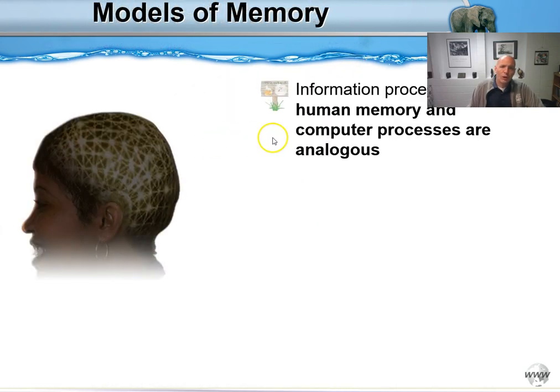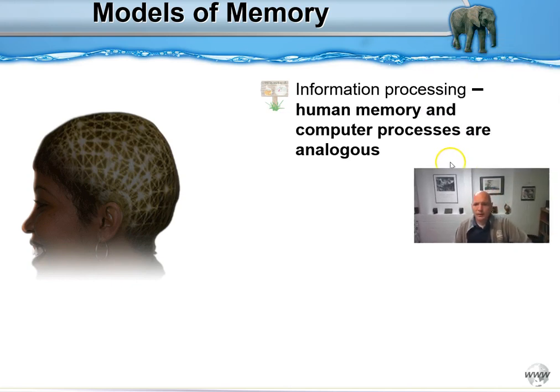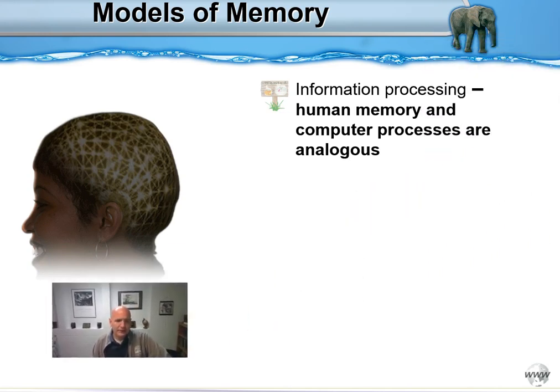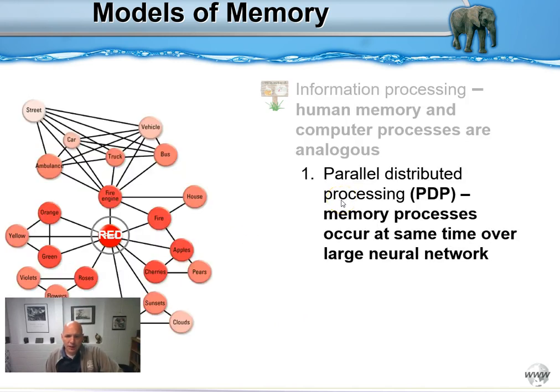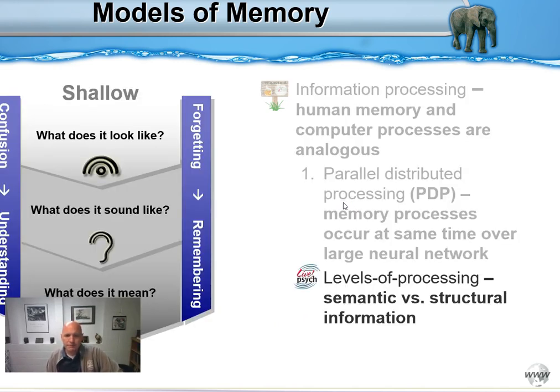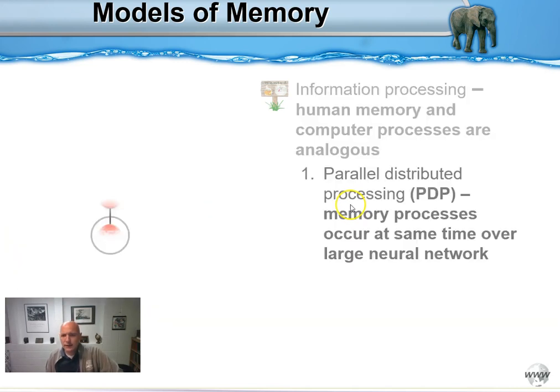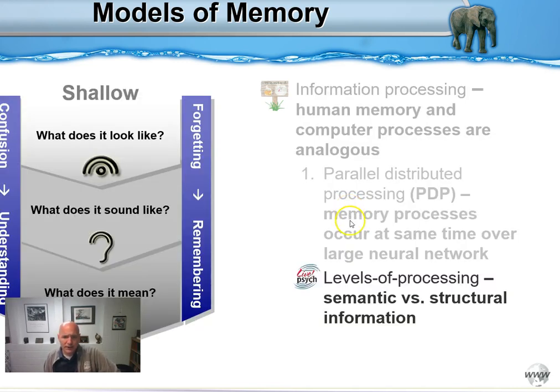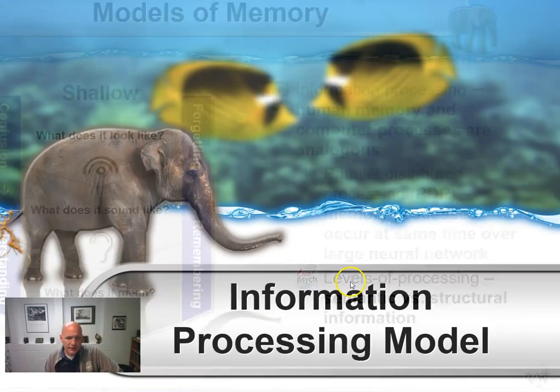So there are different models of memory. We're going to concentrate on the information processing model. I'm going to skip over the parallel distributed model, not that it is not important, but for the sake of time, as well as the levels of processing.